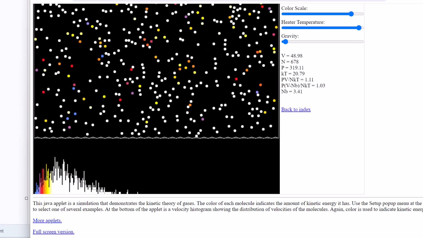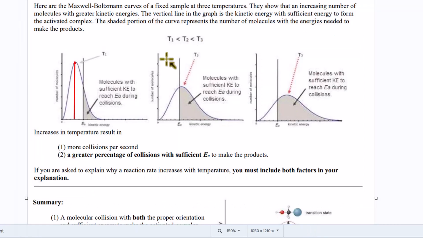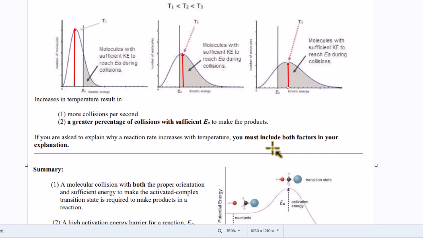So let's go back to the three diagrams I had. Here we had one temperature. Here's the average temperature. Here we've got another temperature. Here's where the average is. Here's our third temperature, and here's this average. Now this bar that I have here, this line, is the energy needed to get up here.